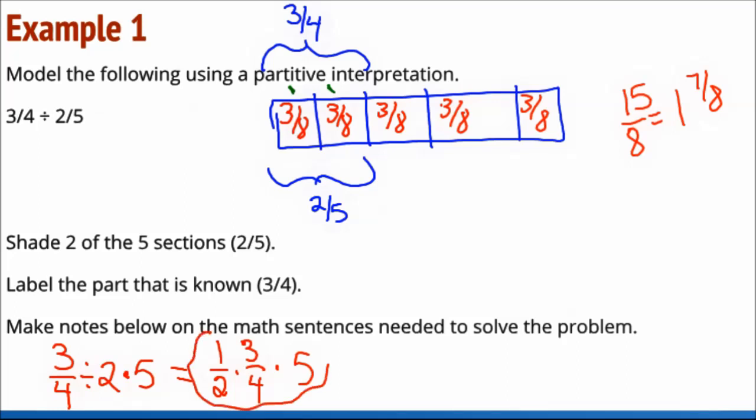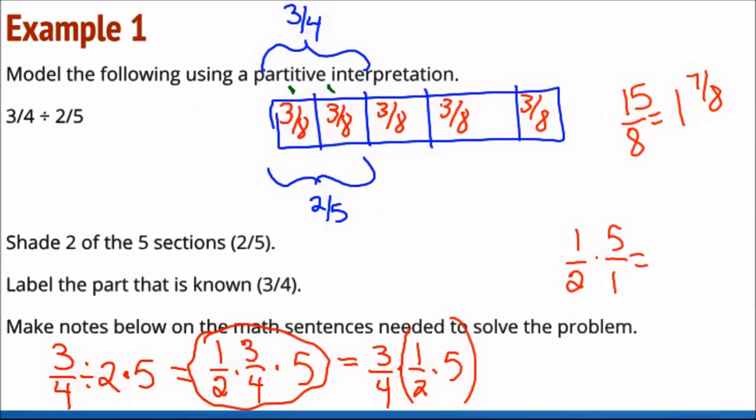This right here can also be written as 3/4 times half times 5. Now I'm going to put some parentheses around this half times 5. And if I take half and I multiply it times 5, I'm going to get 5 halves. So I've got 3/4 times 5 halves.